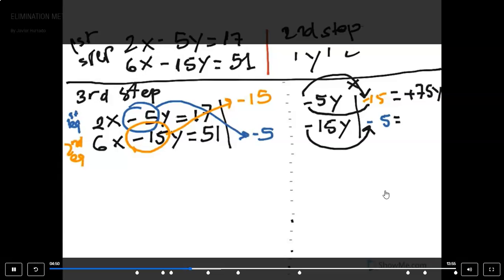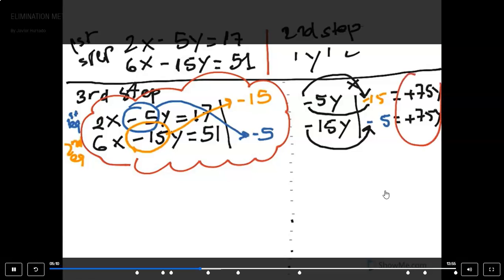Negative by negative is going to give me positive again, and 15 times 5 equals 75y. So now remember, I want to cancel the variables, and as you can see, the variables are not canceling each other out because they have the same sign. We have plus 75y, plus 75y.